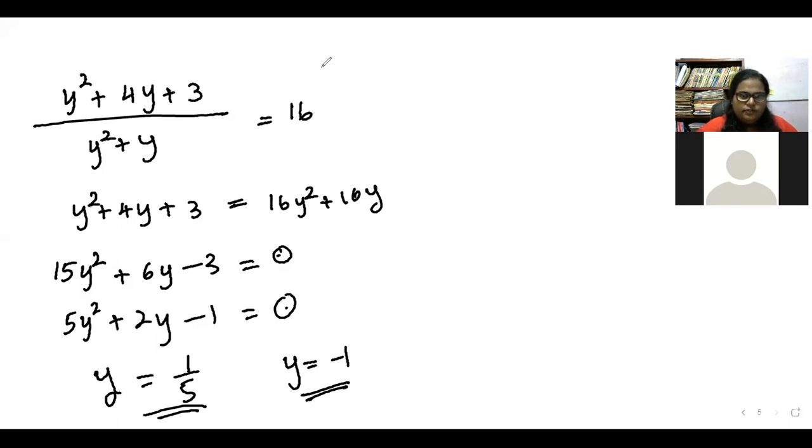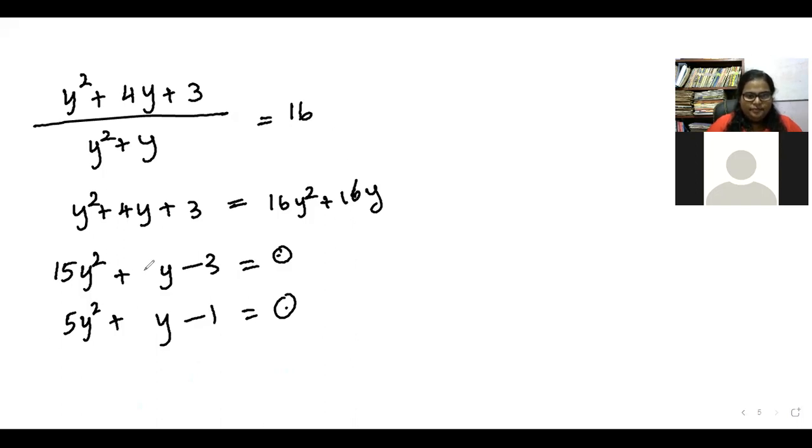Someone asked a question from me: plus 12y is given, where is that? Here 16y, no? So it should be 16 minus 4, 12y, no? Yeah, thank you for pointing out my mistake.